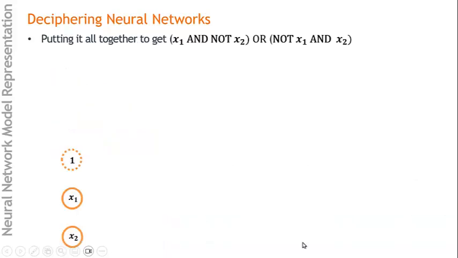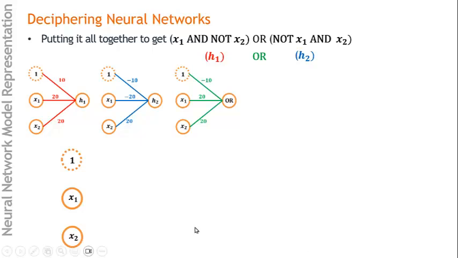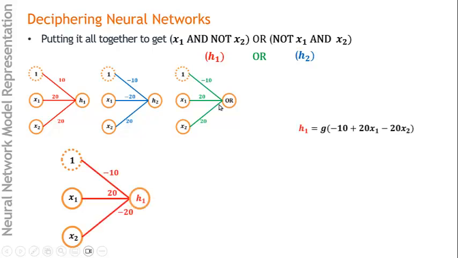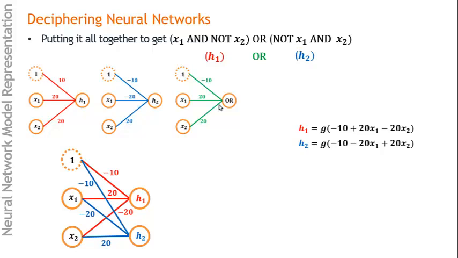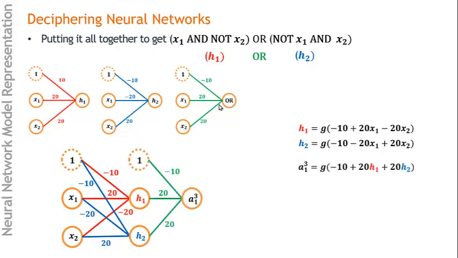All right? So we've got our neural net. We've got several neurons here. One for our first condition, H1, one for our second condition, H2, and one for the OR, which is this here. So this is H1, this is H2, and then this is H3. That's how we put them together.